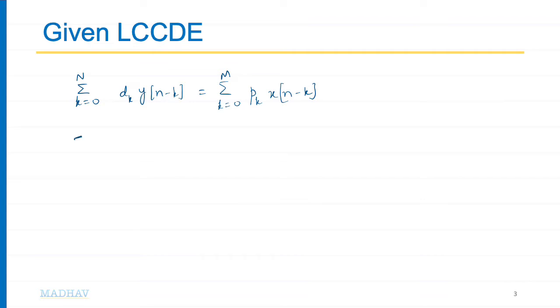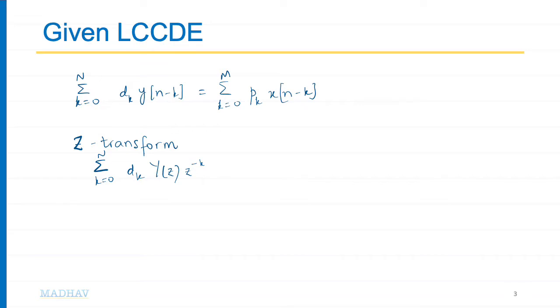Simple, take the Z transform. So I take the Z transform of the summation over k equal to 0 to capital N of d_k y[n-k].